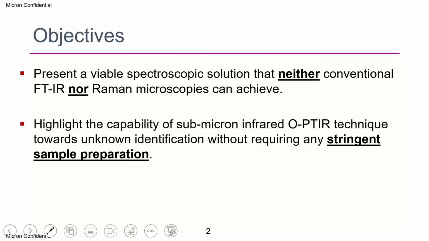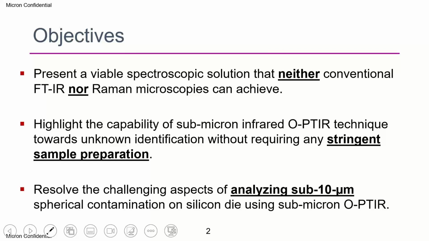Second, I would like to highlight the capability of submicron infrared OPTIR techniques toward unknown identification without requiring any stringent sample preparation. The last objective is to resolve the challenging aspect of analyzing sub-10 micrometer, very small spherical contaminants on silicon die using submicron OPTIR.